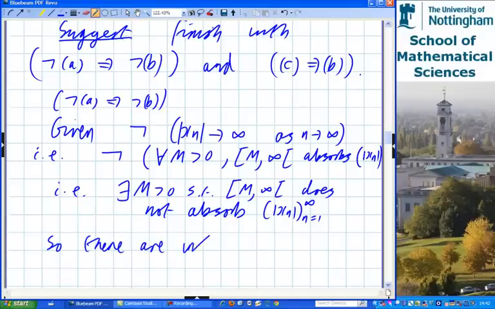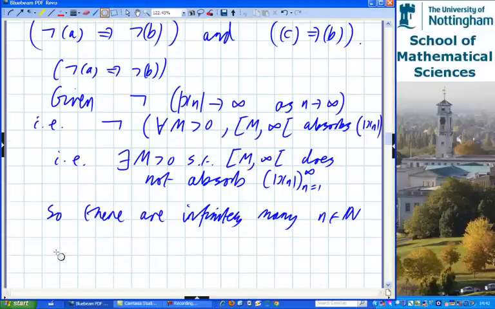So, there are infinitely many n in the natural numbers with mod xn not in the interval from m up to infinity. So that's, in fact, the correct negation of mod xn does tend to infinity.